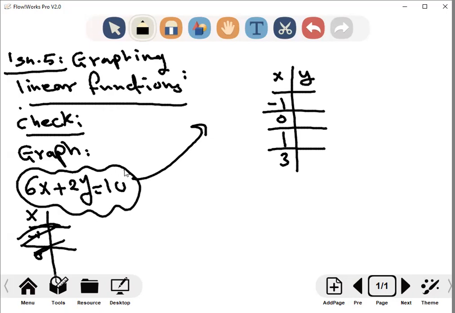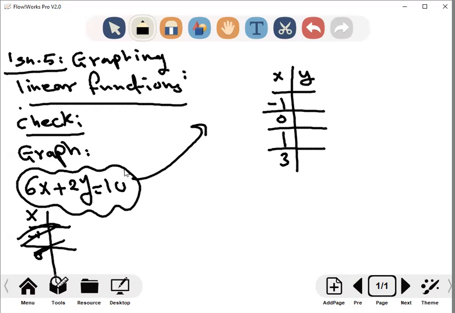To prepare this equation means to make y the subject of the law. What's the meaning of subject of the law? It means y should be alone, y equals something. Here y has 2 and 6x. So I need to simplify by shifting and dividing to find the value of y.